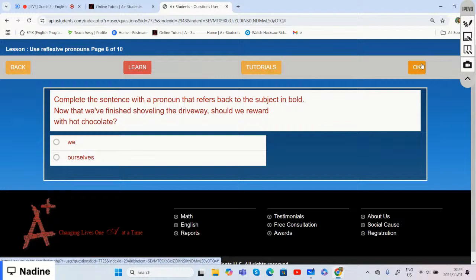All right. And if we were to choose the correct one, we would say, now that we've finished shoveling the driveway, should we reward we, option one, or ourselves, option two, with hot chocolate? We need to choose the correct option, option one or option two, in order to complete the sentence. Our reflexive pronoun needs to refer to our subjects.